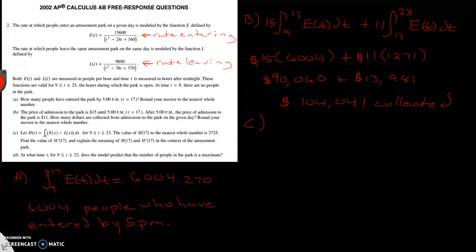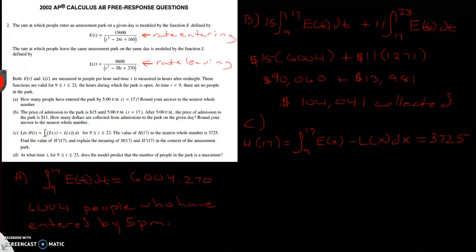Okay, so if you want to solve H of 17, that would be the integral from 9 to 17 of E of x minus L of x dx, which would be the 3,725.